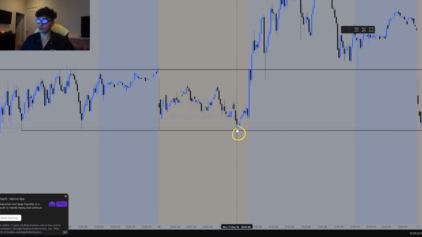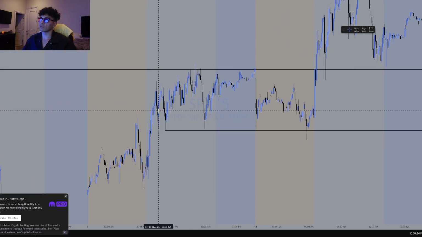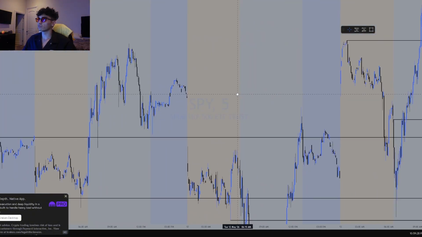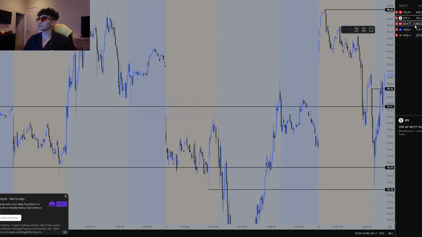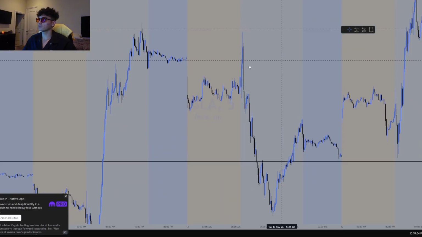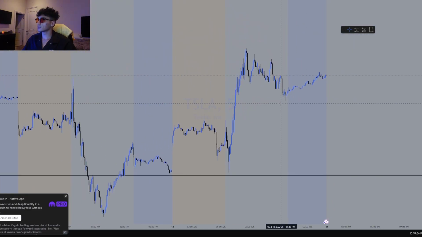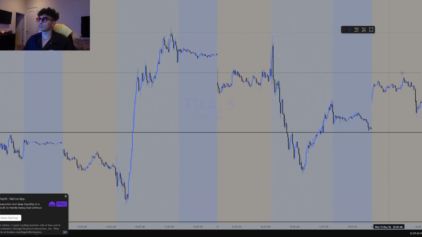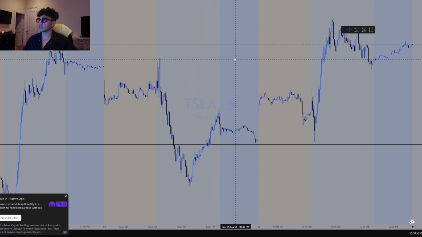So let's go ahead and do one more example before we wrap it up. Let's actually switch to a whole different stock and use the same principles that we've been using with what we were just looking at with SPY.